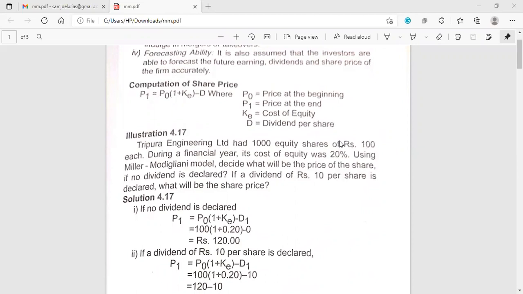That means there is no impact of dividend over the market price of the company. So this is about the dividend irrelevance approach, and the reason, as I have already said, is arbitrage.